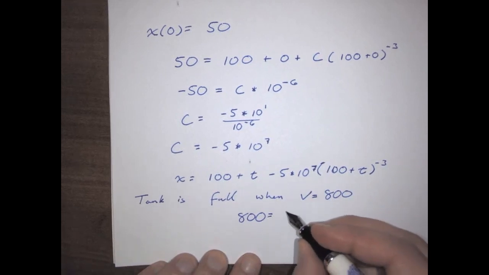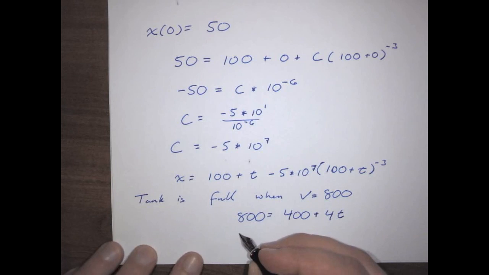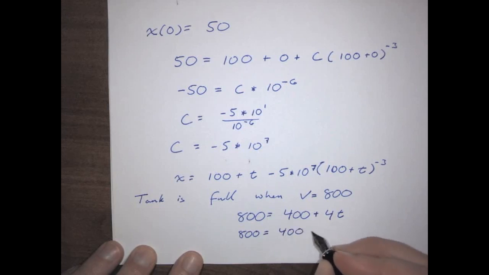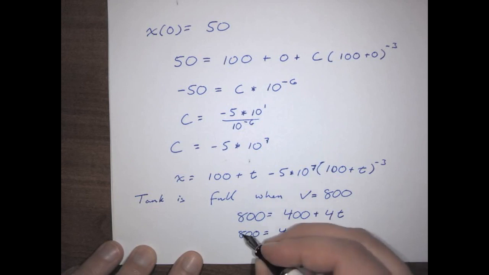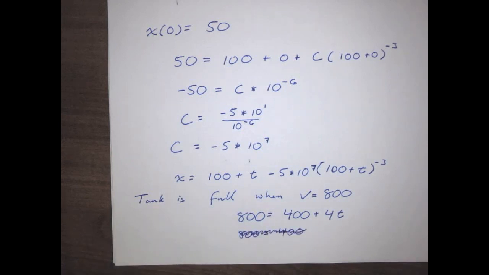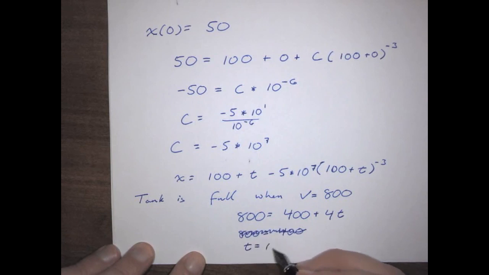It was 400 plus 4 times t. So we subtract the 400 from both sides, divide by 4, and we get t equals 100 minutes.